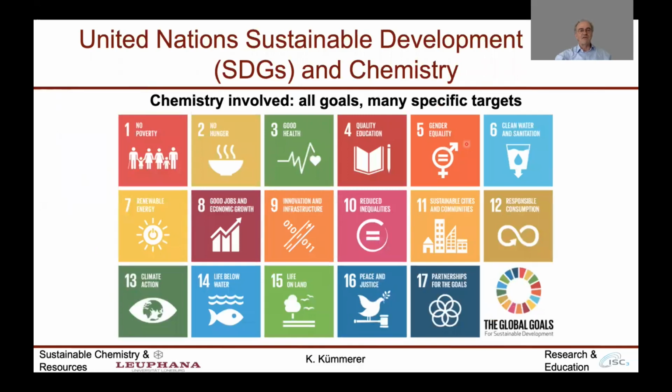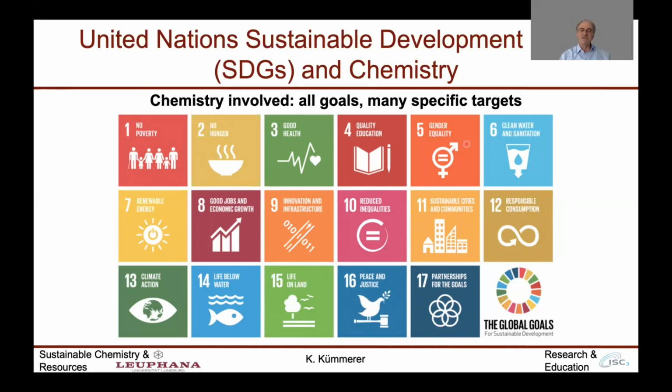Now coming back to the broader picture again, United Nations Sustainable Development Goals, which I have mentioned already several times, and chemistry. Chemistry is involved, if you have a little bit more of a broader view in the sense of sustainable chemistry, as mentioned, in all goals and in many specific targets which are related to the goals.